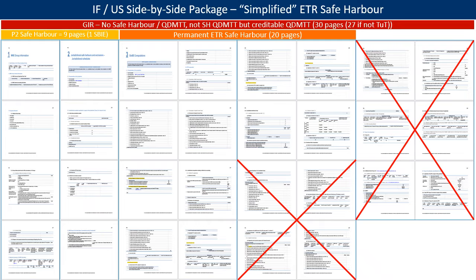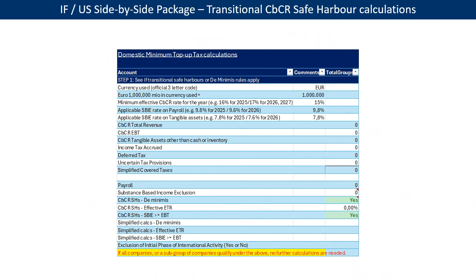It is a huge increase of the compliance workload for what I believe ultimately is very little gain, or for gain that could have been achieved much easier otherwise by fixing the issues with the CbCR safe harbor. To show what was said before in terms of calculation, if you were to do a calculation on a country-by-country basis, which you need to do in any case for QDMTTs, but also just as a reality check for whatever software you are using, under the transitional CbCR safe harbor you will have something like this.